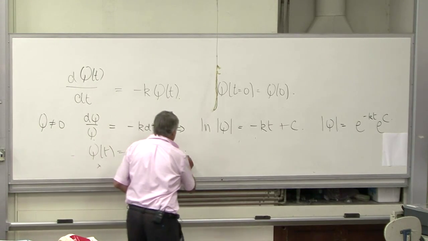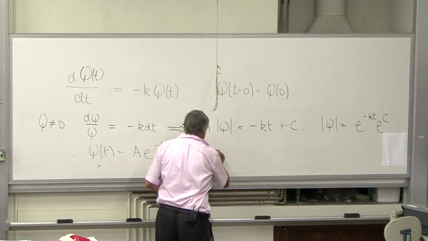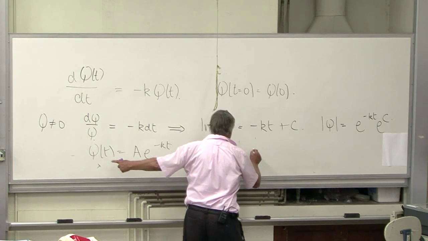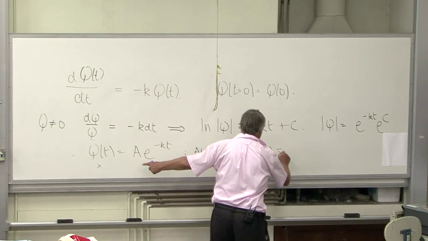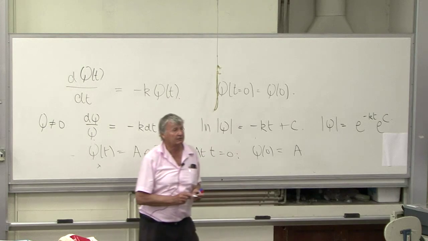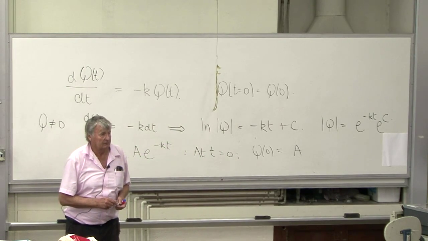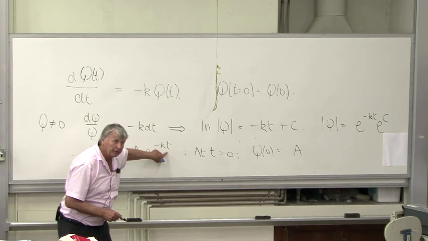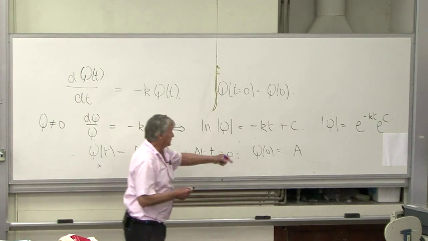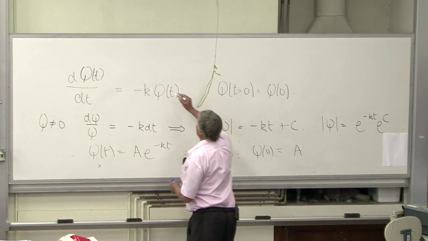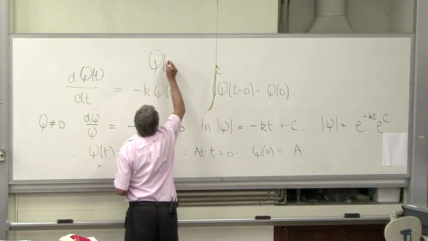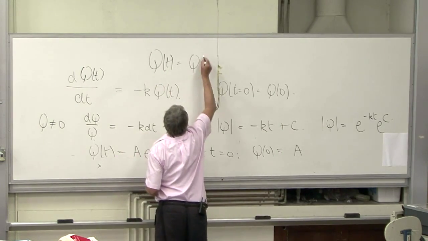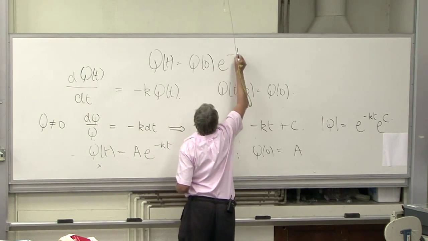At time 0, the left-hand side is q of 0. The right-hand side is A, because e to the minus k times 0 is 1. So now you've determined the A. So we now know what the rule is: Q of t is q of 0 e to the minus kt.